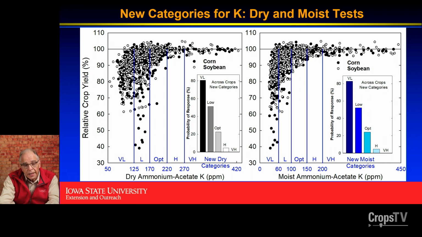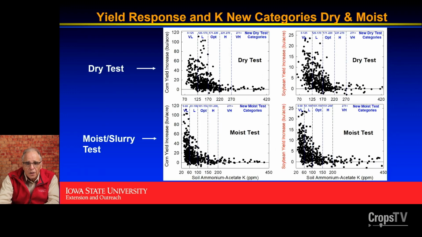In spite of the NAPT and all this proficiency testing, there are differences between labs, so we decided that we should increase the optimum category a bit higher in order to avert possibilities of deficiency. And then we have the probability of responses for each of these tests.